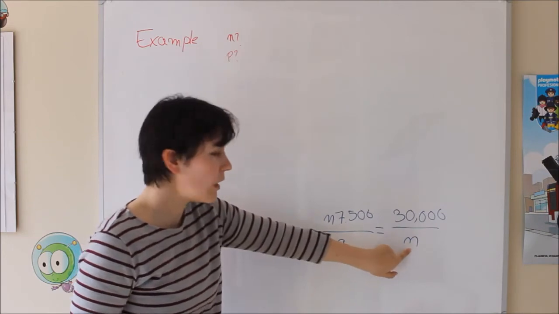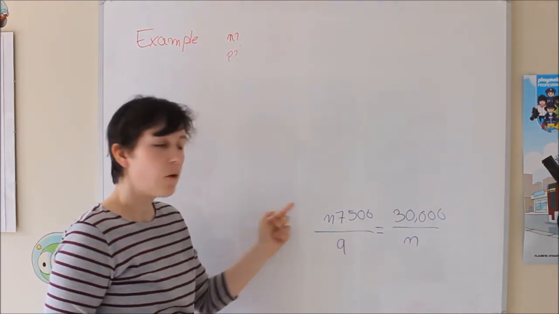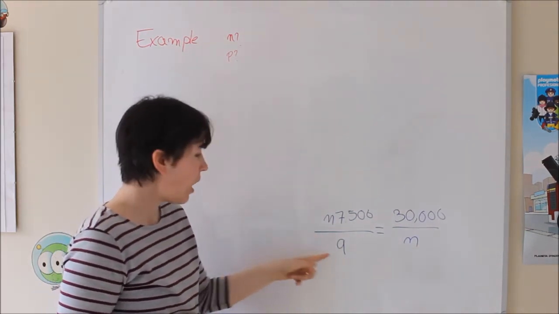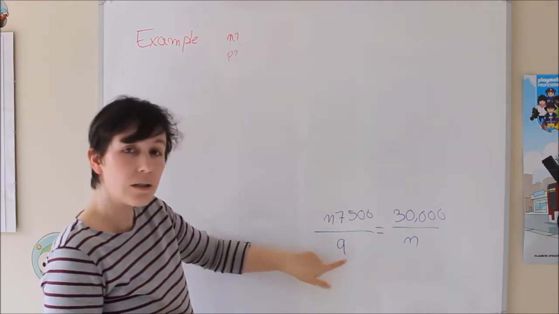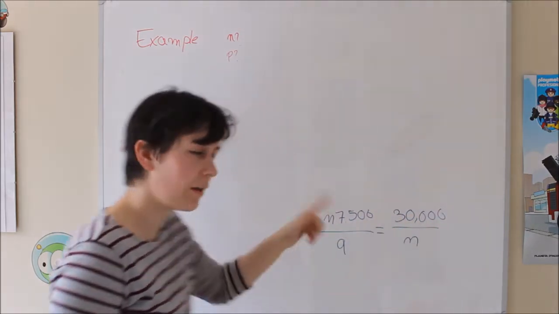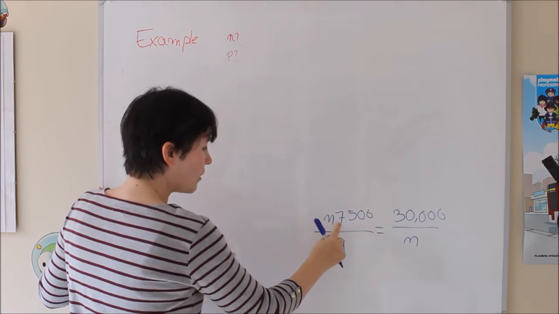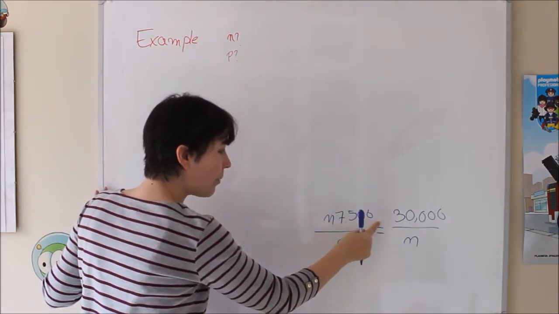So this here is multiplying, so it goes to the other side. Sorry, this is dividing, so it goes to the other side multiplying. And with the number 9 it is the same. Here it is under, so it's going to be over. Here it is dividing, so it's going to be multiplying on the other side. So we are going to have n times 7,500 multiplied by n.